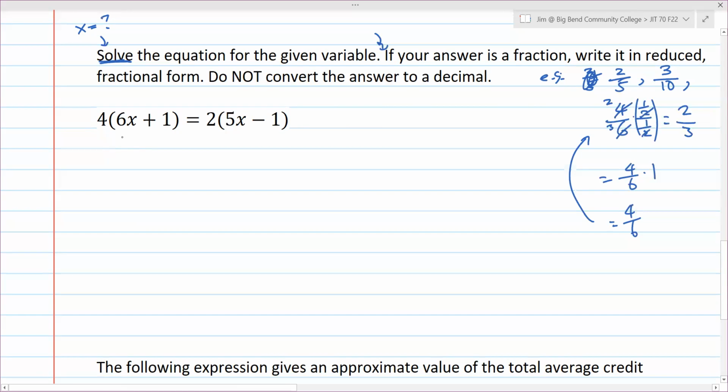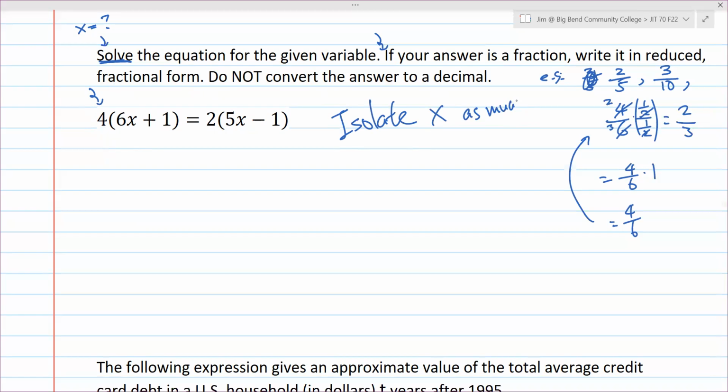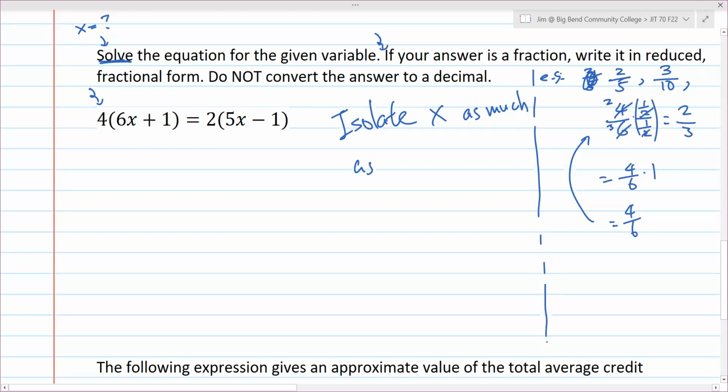Okay, so what do we do? Right, we have to simplify the expression given because we have a factor times the first term and another factor times the second term in the parentheses. And then the key is to isolate x as much as you can until you get a final answer. And let me separate these two sections.